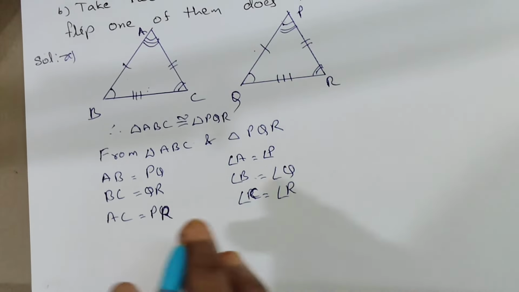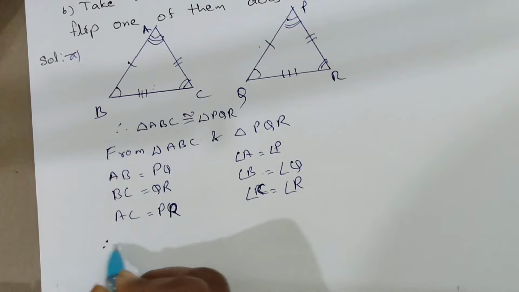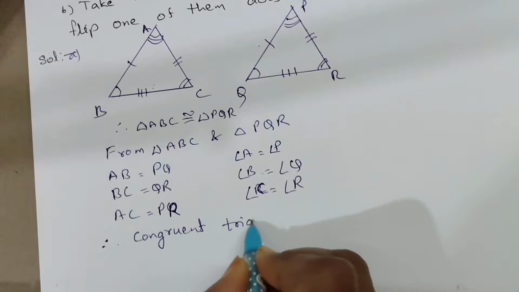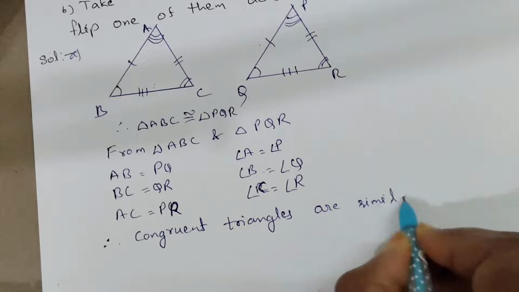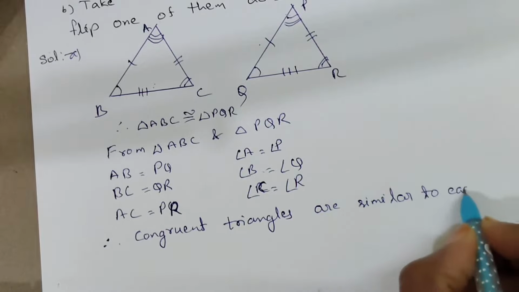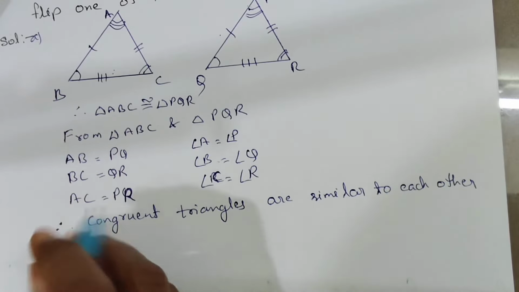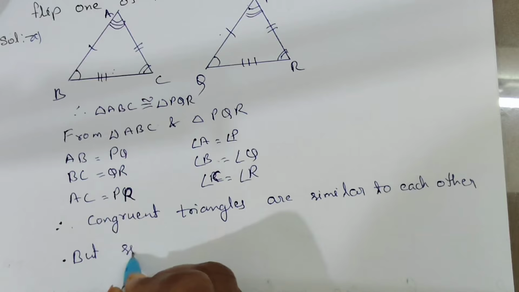So now the congruent triangles are similar to each other. Therefore, congruent triangles are similar to each other, but similar triangles are not congruent.